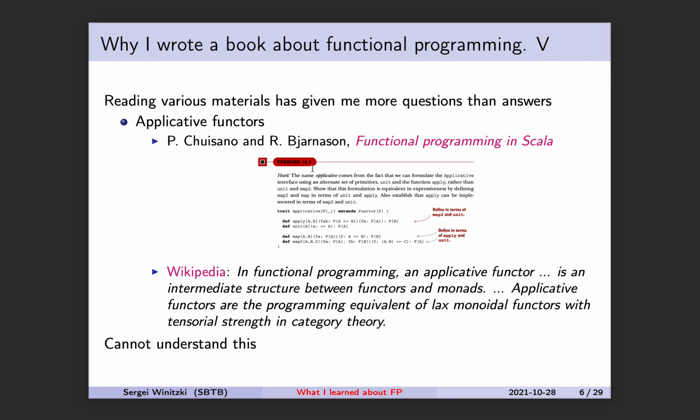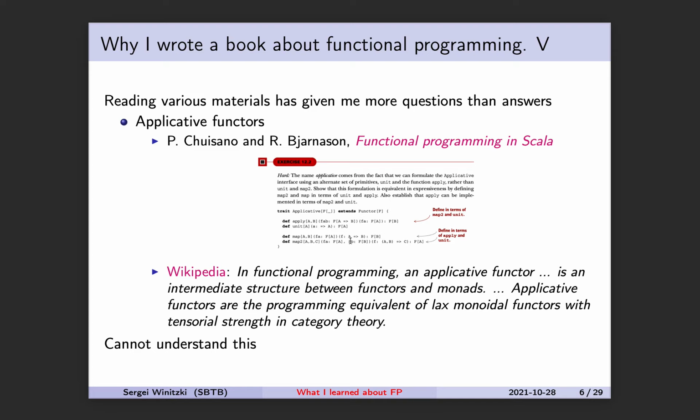In which units do I measure expressiveness so that I can see that one thing is equivalent in expressiveness to another thing? I don't know that. So I don't really understand what I'm supposed to do. I wrote some code. Is that enough? If I define something in terms of apply and unit, is that enough? I don't know.